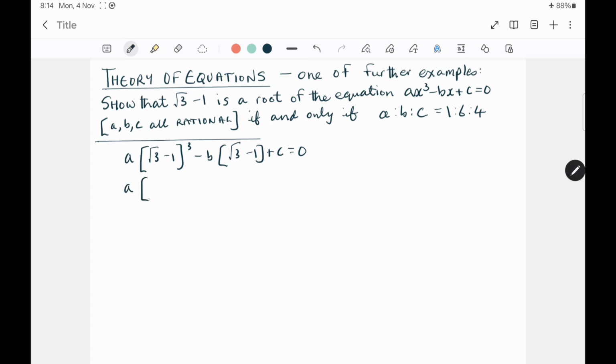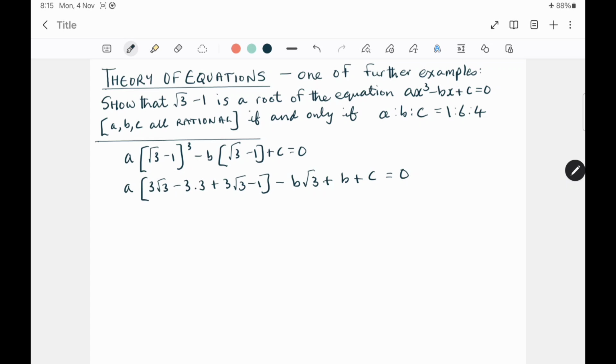a times (3 root 3 minus 3 times 3 plus 3 root 3 minus 1) minus b root 3 plus b plus c equals 0.